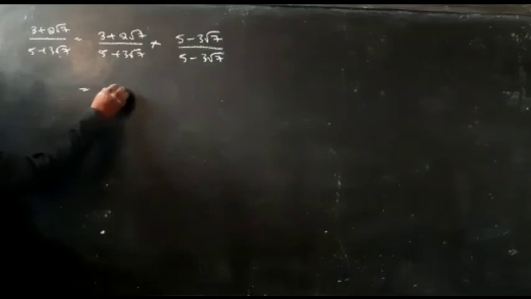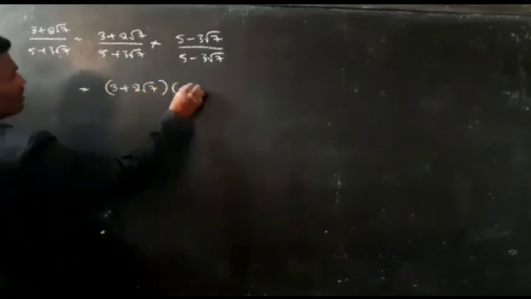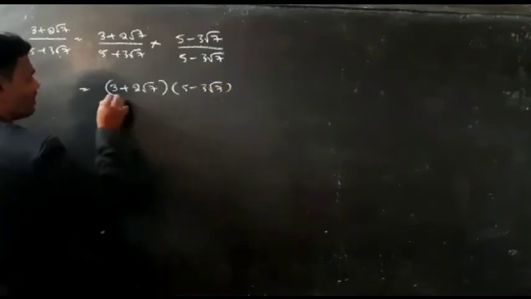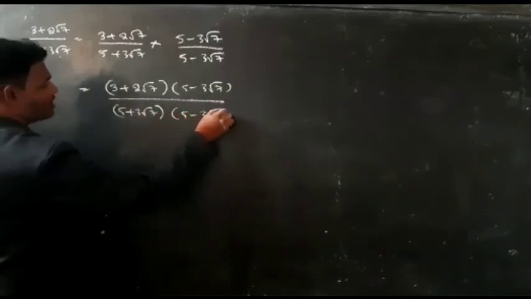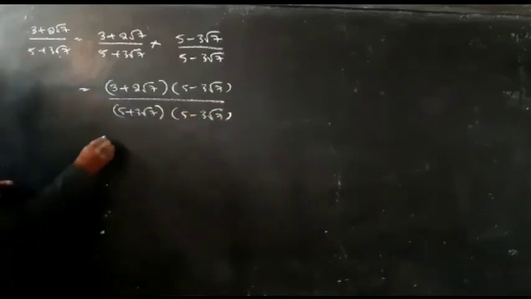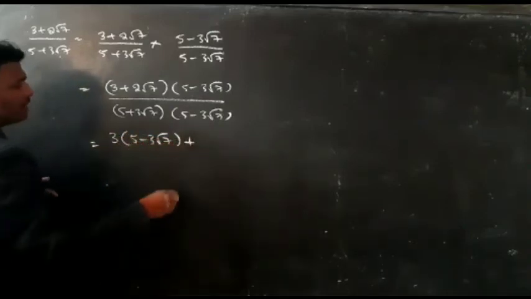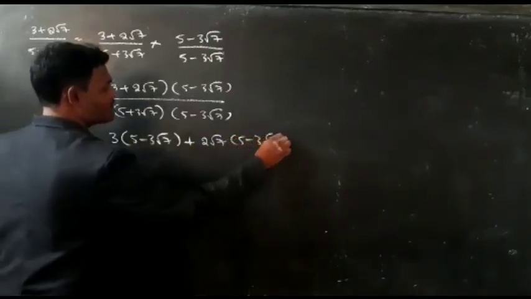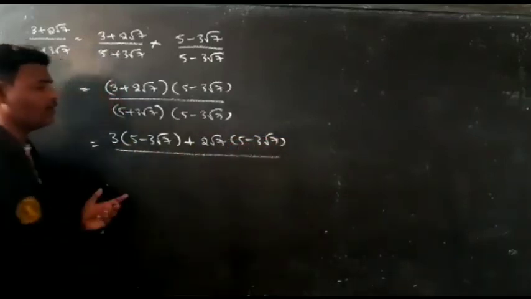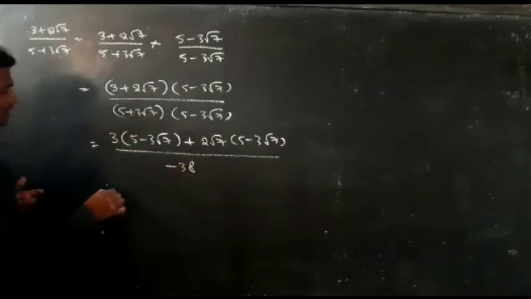By multiplying the numerators, what do you get? 3 plus 2 root 7 into 5 minus 3 root 7 by 5 plus 3 root 7 into 5 minus 3 root 7 is equal to, now, 3 into 5 minus 3 root 7 plus 2 root 7 into 5 minus 3 root 7 by, already we know the value of the denominator, that is nothing but minus 38.